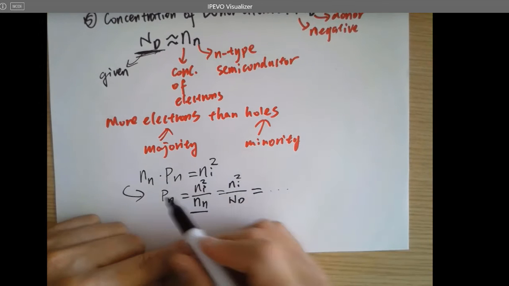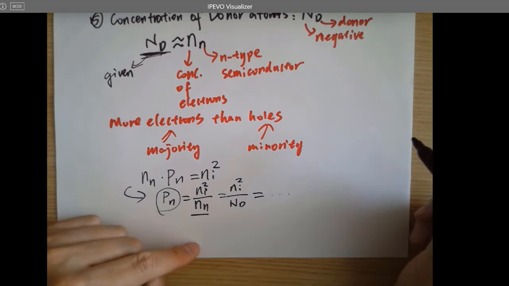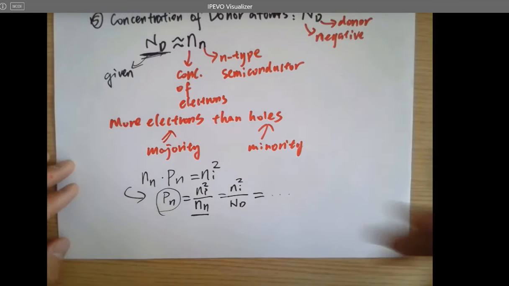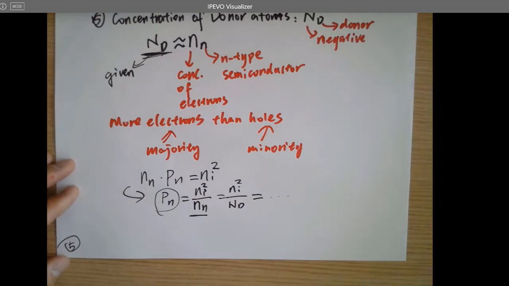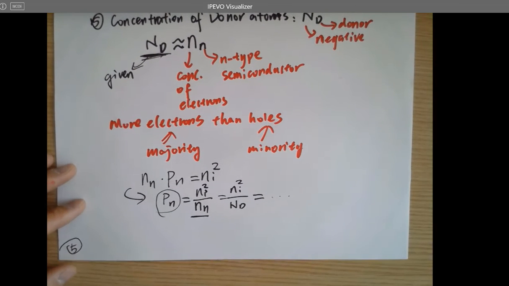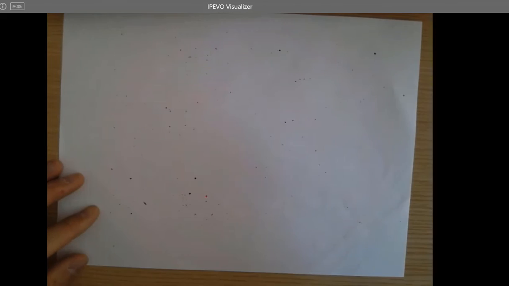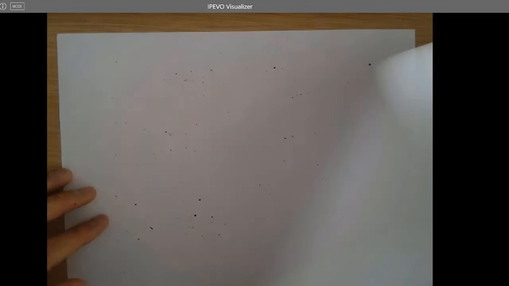So you can calculate this value using this equation. All right, let's see an example here. Yeah, before we move forward, let's do the acceptor one as well.